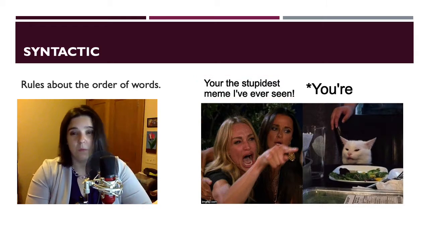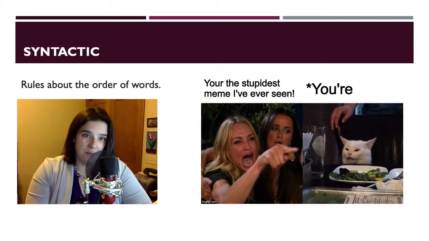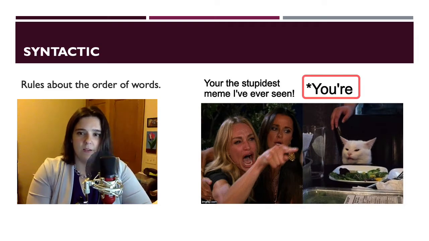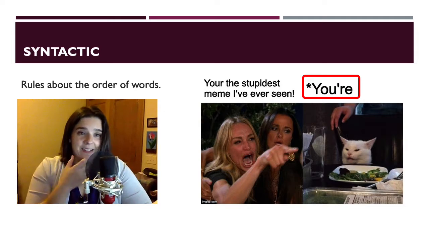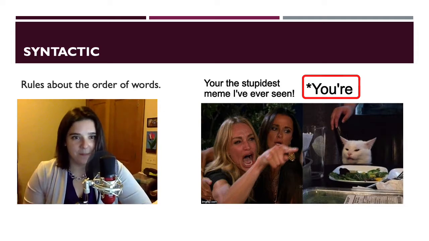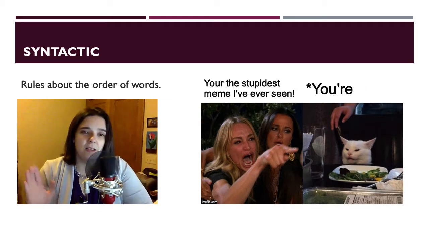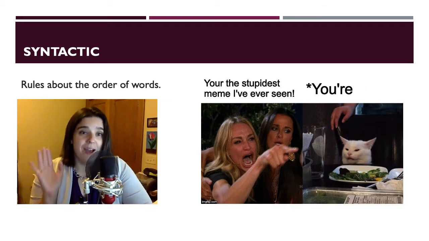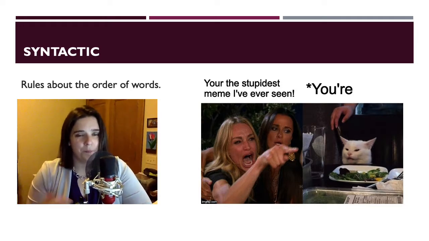If her comment was over on this other side, wouldn't make as much sense. And then, of course, the cat's comment has to be over here, because that's the thing that the cat is saying in response to the woman yelling at the cat. Some of you are like, I am never using this meme ever again because you have ruined it. Good job.